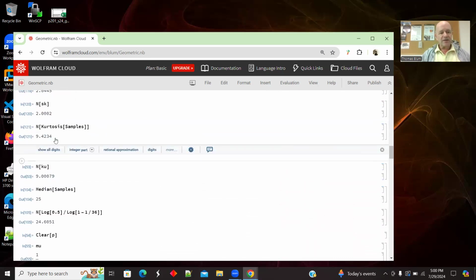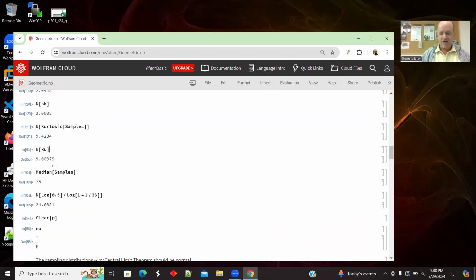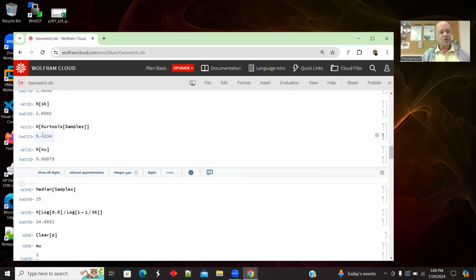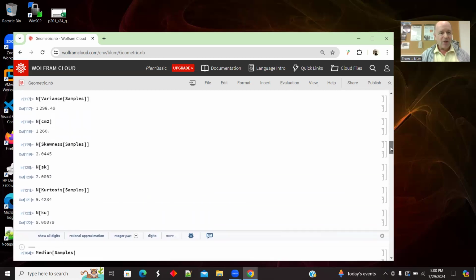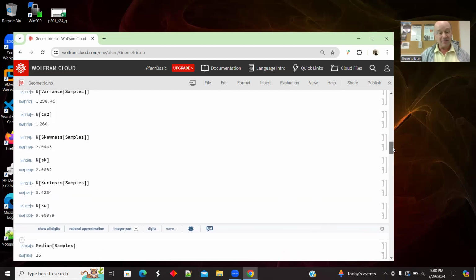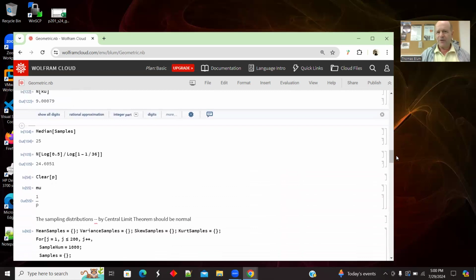And so that is the kurtosis of the samples. And this is the calculation. So 9.49. It's hard to get the kurtosis values very good because that is the one that is going most into the tails. The higher the central moment, the more you're getting out into the tails.